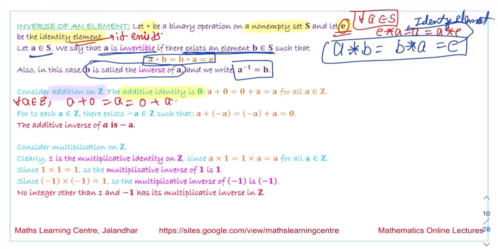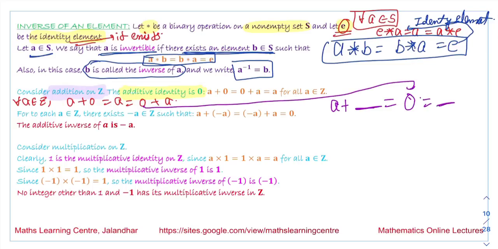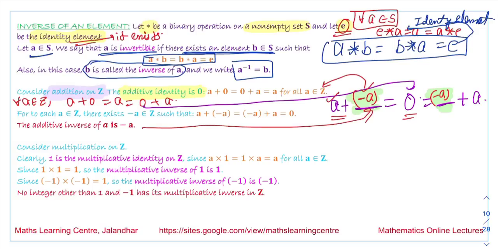So inverse means that we want to find an element such that A plus dash is equal to the identity element 0, and this should be equal to dash plus A. So the answer we obtain, what we add to A to get 0, is minus A. If A is an integer, then minus A is also an integer. This is equal to 0, and this is equal to minus A plus A. So this element minus A is the inverse element of A for this operation.